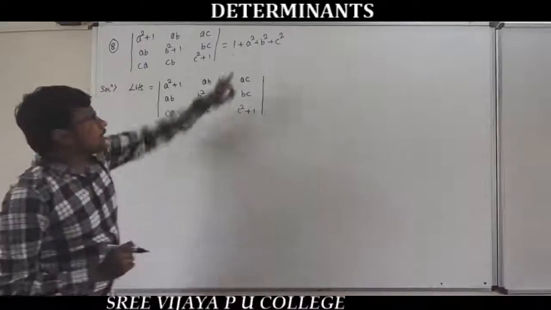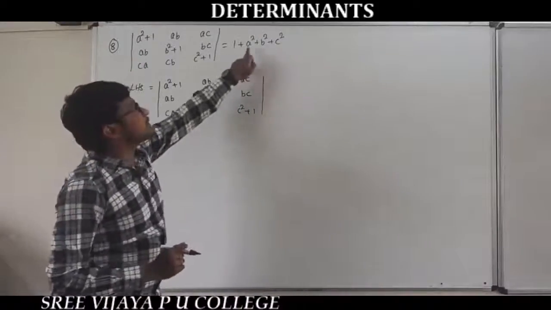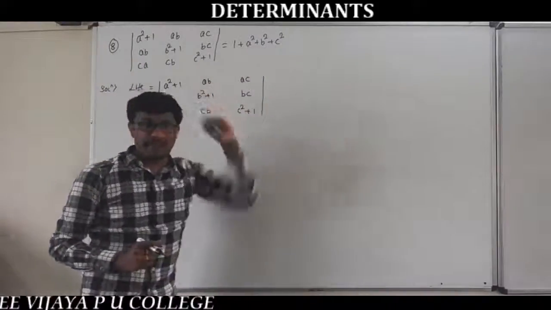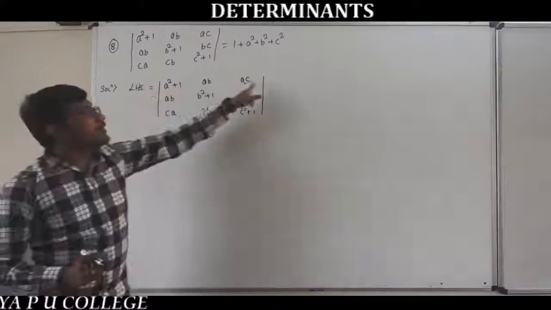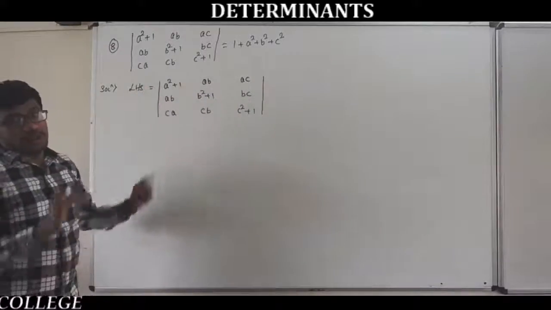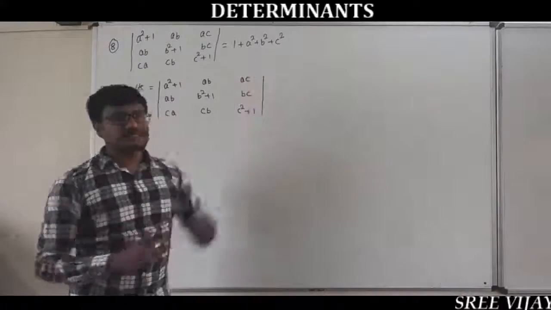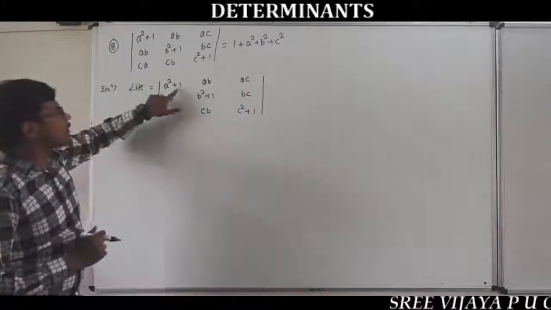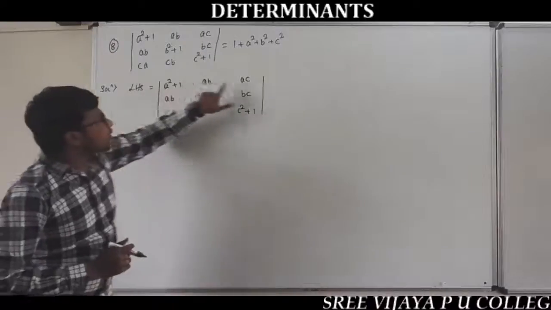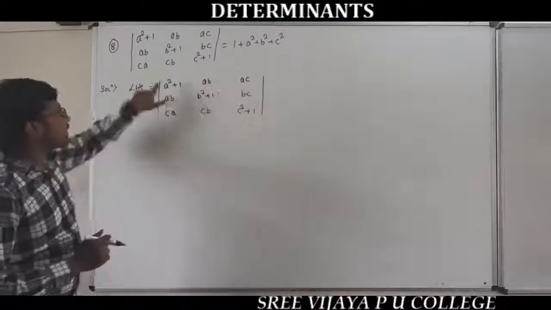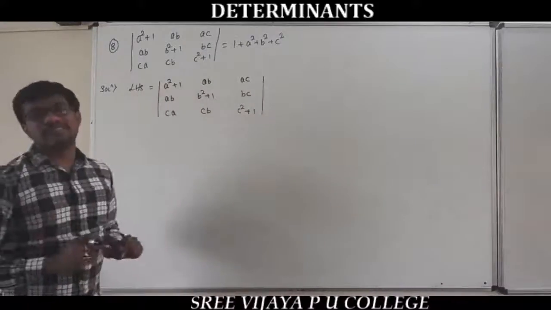So what is on the right hand side? It is 1 plus A square plus B square plus C square, right? See, in any row or any column, if you add rows or columns, will you get 1 plus A square plus B square? No. Here 1 plus A square is there, right? In this entire row or in this column, there is no B square and C square.